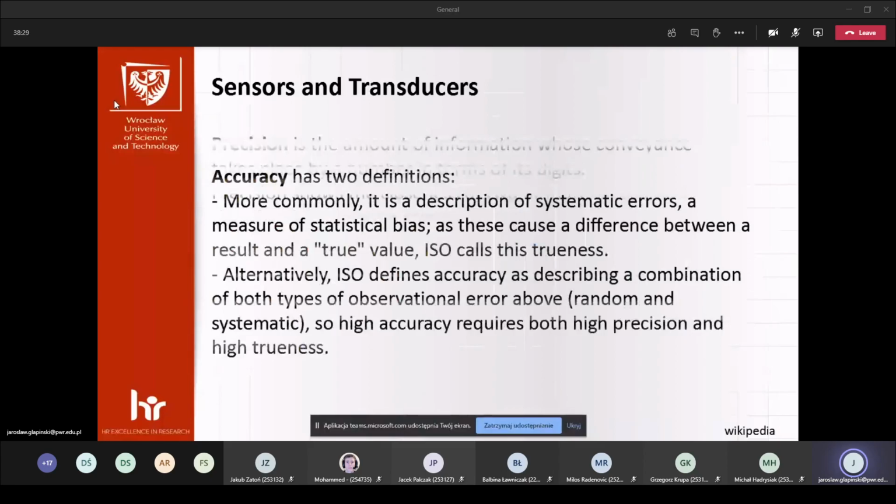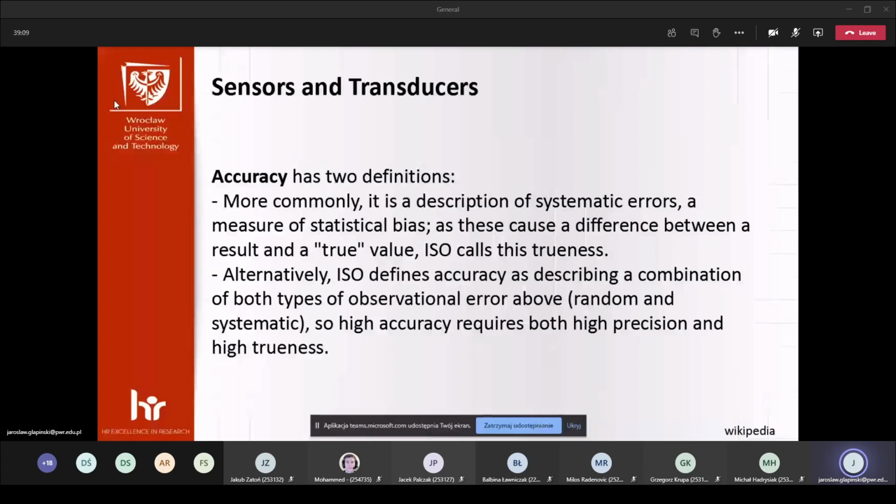Okay, accuracy. The accuracy has two definitions. This is a description of the systematic error of a measurement, or statistical bias. It means that you probably had some experiments with measurements. You should know that if you or your colleague measure the same value, it can happen that the voltmeter or some other kind of measurement system will show you a different value.